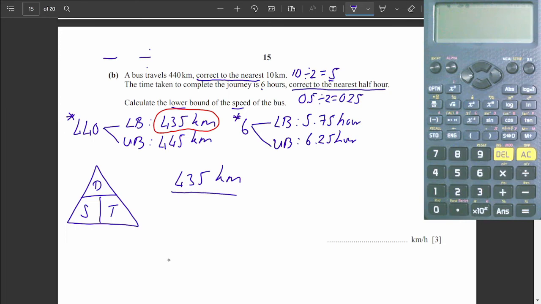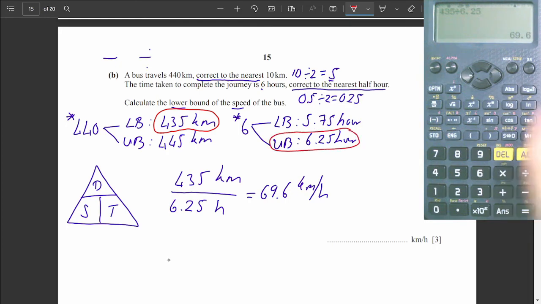But when we divide it, we want to get the smallest possible answer. So if we divide it by the biggest possible time, that will give us the smallest possible answer. I hope that makes sense. So let's see. 435 divided by 6.25. That gives us 69.6 kilometers per hour. If you're not sure if this is the correct way to do this, just try out all the other options.